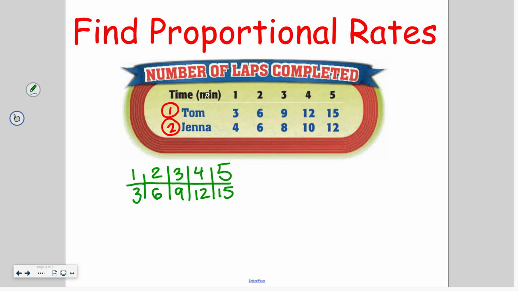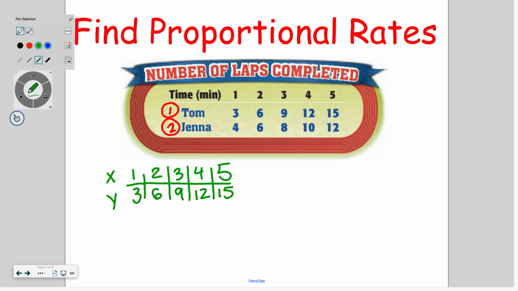Our top values are minutes. Those are going to be our x values. And our y values, the number of laps, are on the bottom. In order to decide if it is proportional, you need to compare y to x.